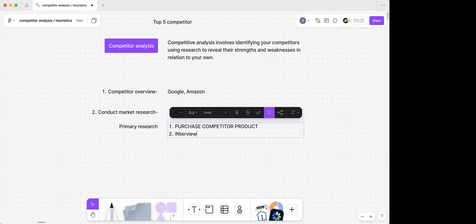Another way is interviewing customers. When you interview customers, you have to go with a set of questions. You have to have a questionnaire ready. It's the same way as doing surveys. Surveys are also going to be listed here in the primary ways of doing research. But when you interview customers, it will be a one-on-one interview.